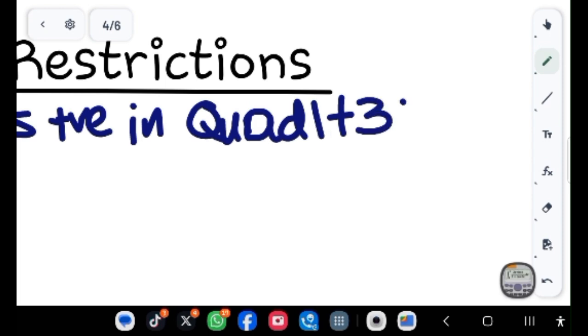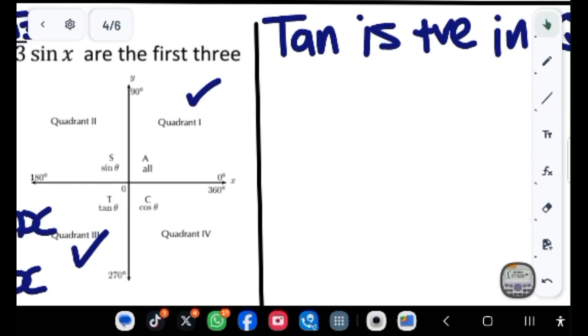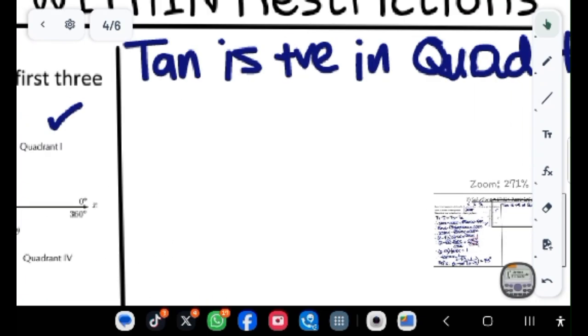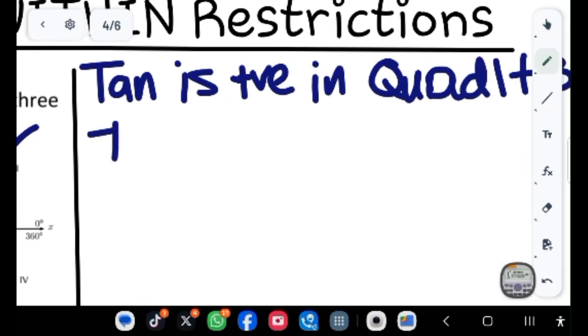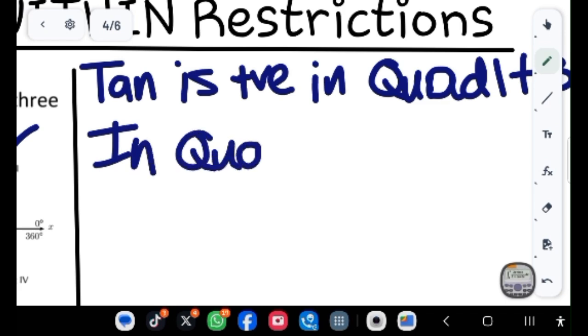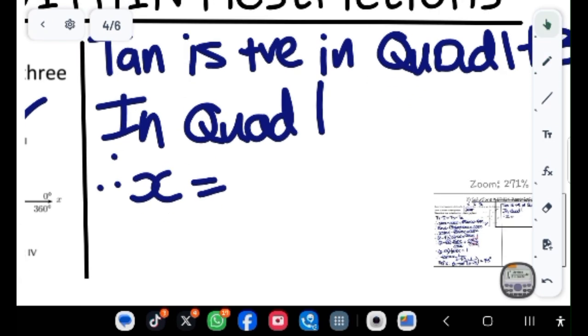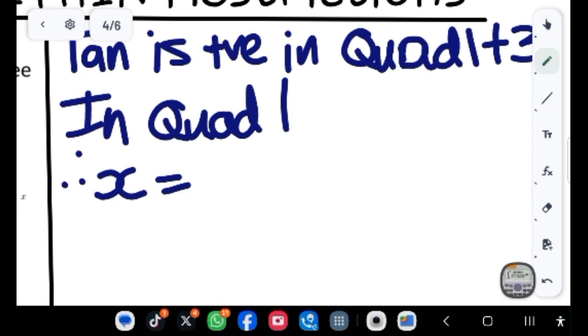Okay, so now we find what happens in quadrant 1. In quadrant 1, angles are written and defined as just theta.